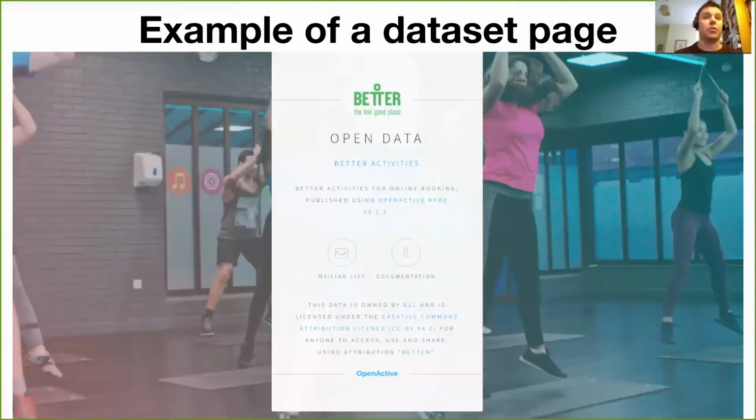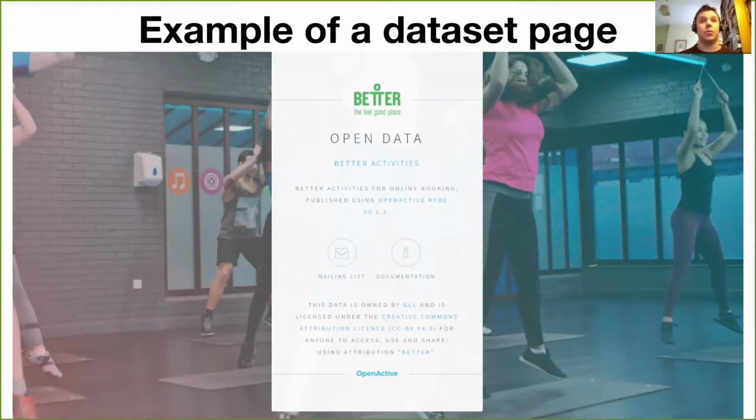If you click through from one of those links, you'll end up at a dataset page. Every publisher has one of these pages, which is the entry point for their data. There are a few common elements to each of these pages. They're all branded slightly differently, but the common things are, there's a link here to the actual data feed.